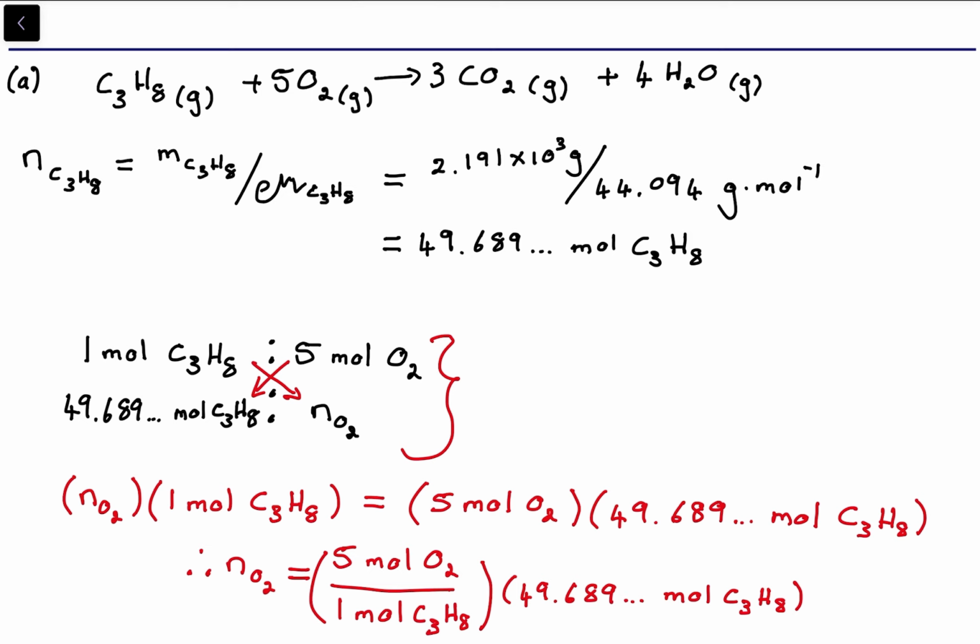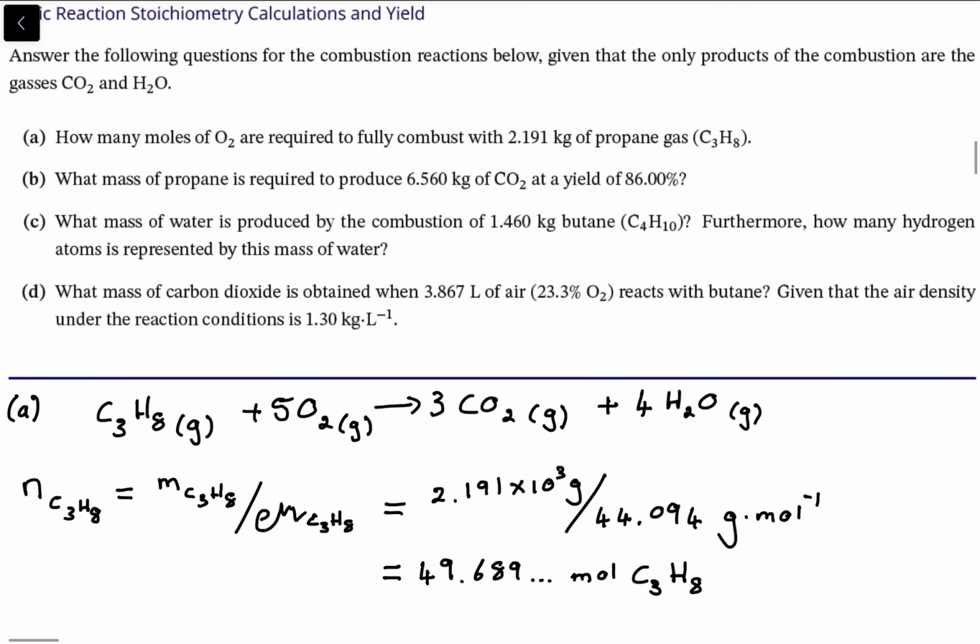But in reality, we sometimes form less than what is expected, and that is what this percentage yield implies. That implies that we have to multiply that by a fraction. So in this case, the fraction is 0.86. So we would have to multiply 150 by 0.86, and then we would get what it actually is.